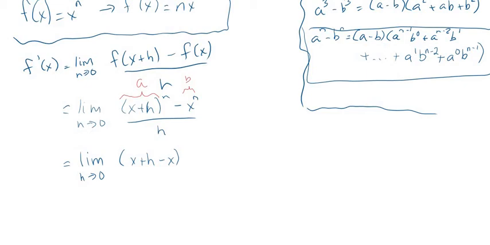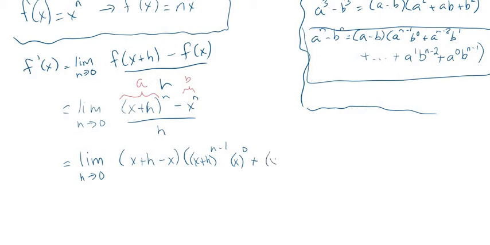This is going to look a little tricky to rewrite, but let's give it a try. The first one was a to the n minus 1 times b to the 0. I'll rewrite that: a is going to be x plus h and b is going to be x. So we're going to follow that pattern.